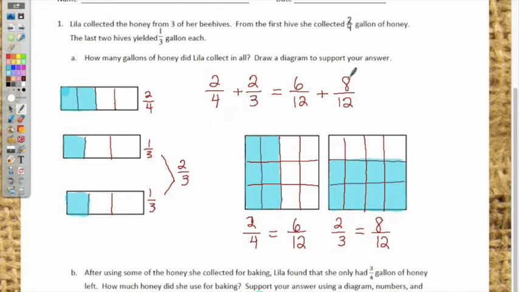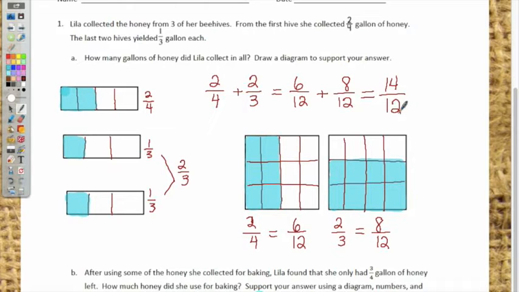So are you to this point where you have 6 12ths plus 8 12ths? Yes. Okay, get to that point. What's 6 plus 8? 14. Now, make sure you can see.